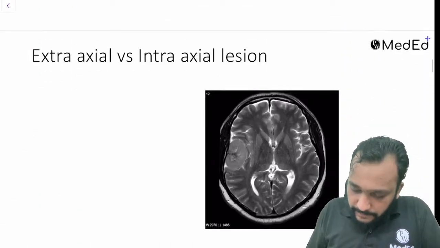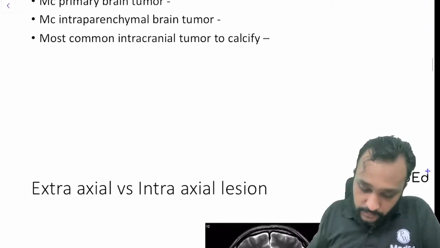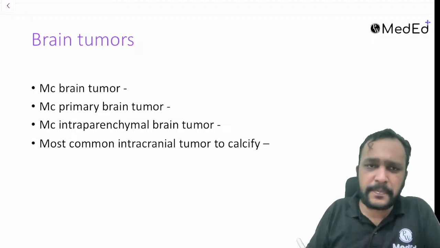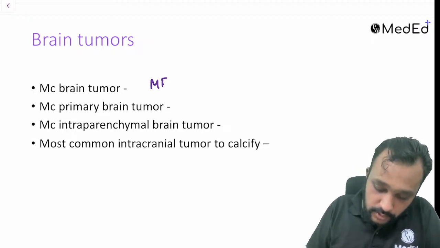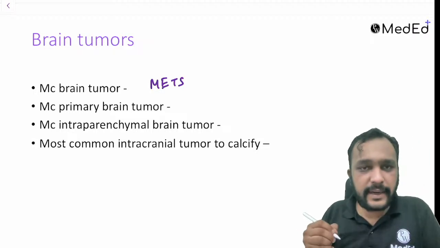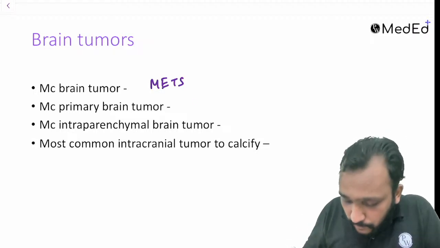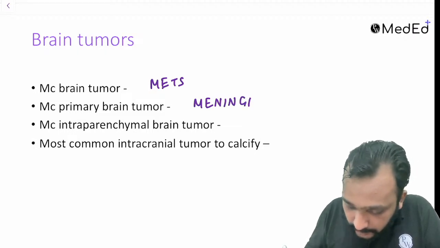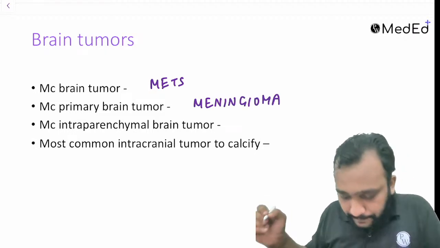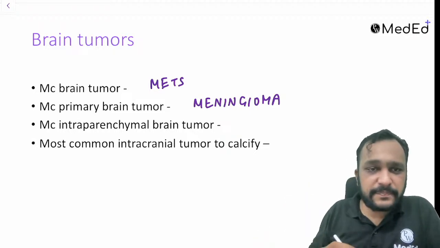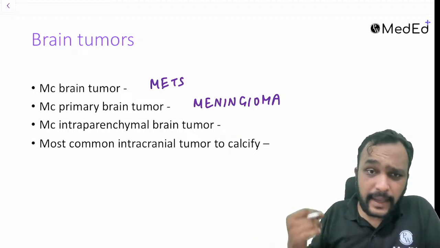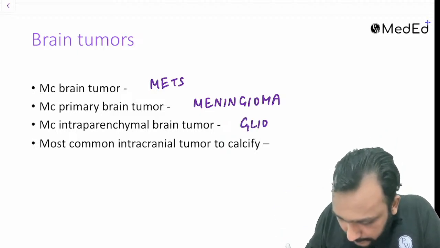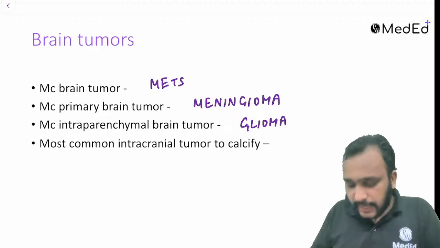Now moving on to the brain tumors, important brain tumors. Okay, so guys, we should know which is the most common brain tumor. The most common brain tumor is your metastasis. Most common primary brain tumor is your meningioma, right? Most common intraparenchymal brain tumor is your glioma.